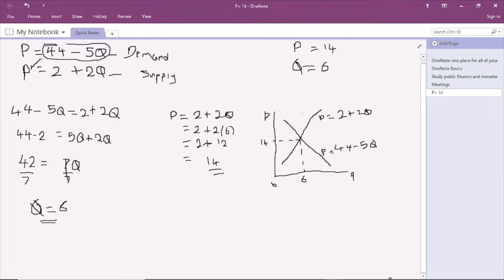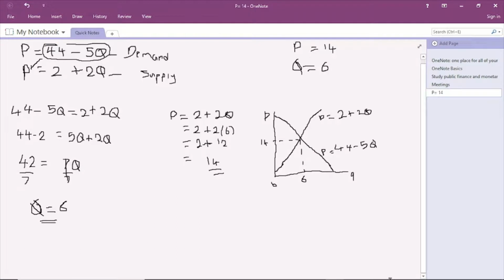So when they ask you to represent this graphically, what you should do is this. You should remember supply starts from somewhere. So we just put it here.